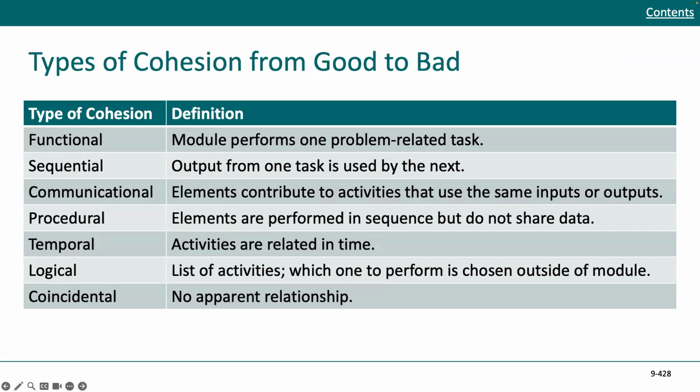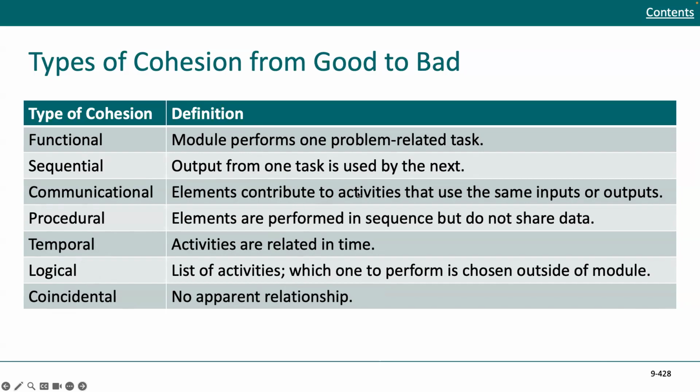So here are types of cohesion from good to bad. You have functional, sequential, communicational, procedural, temporal, logical, and coincidental. So this ranges from a module performing one problem-related task for functional; for sequential, output from one task is used by the next.